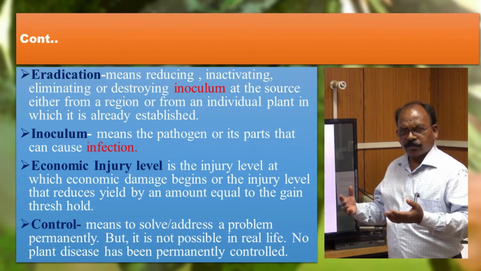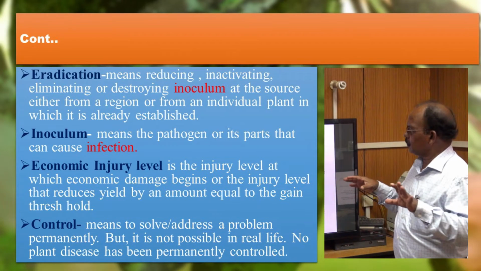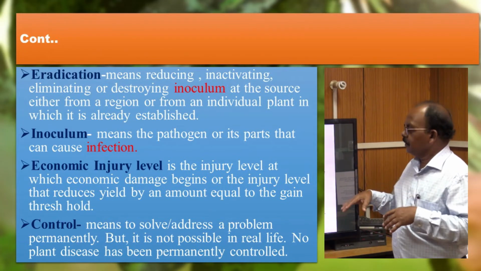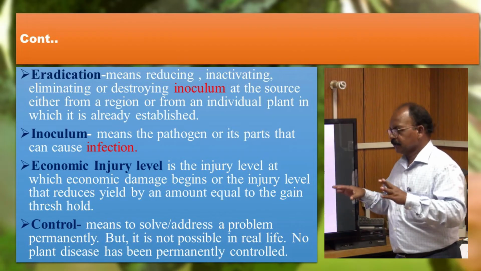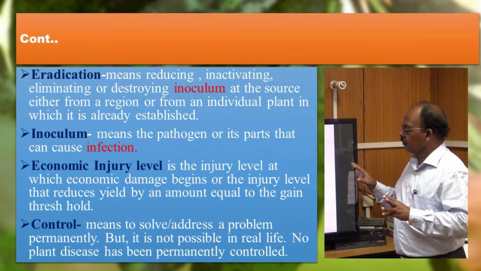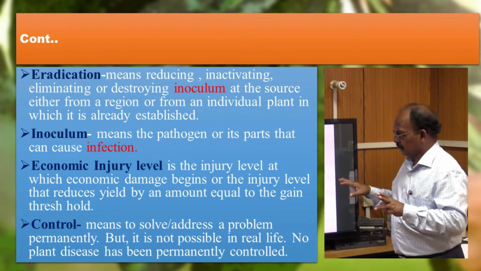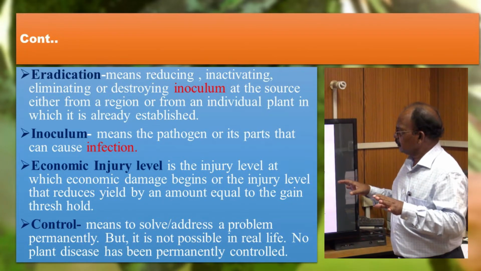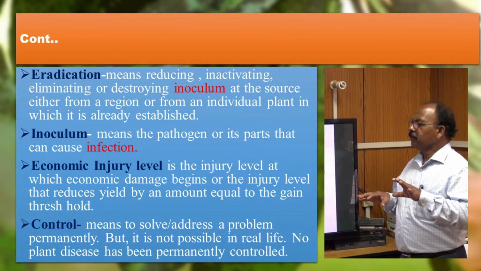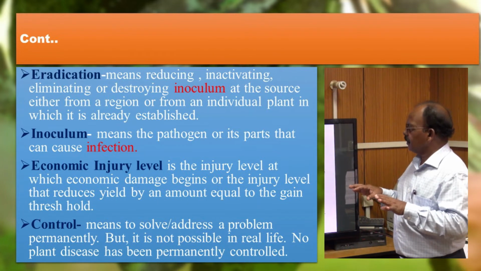And what are the other basic principles of plant disease management? Exclusion, avoidance of the pathogen, exclusion of the inoculum, disease resistance, protection and therapy. All these are the basic principles of plant disease management.